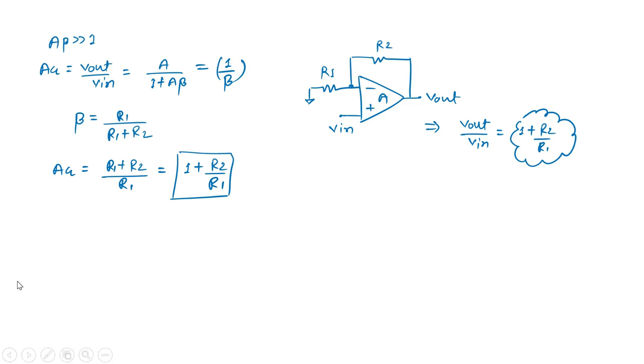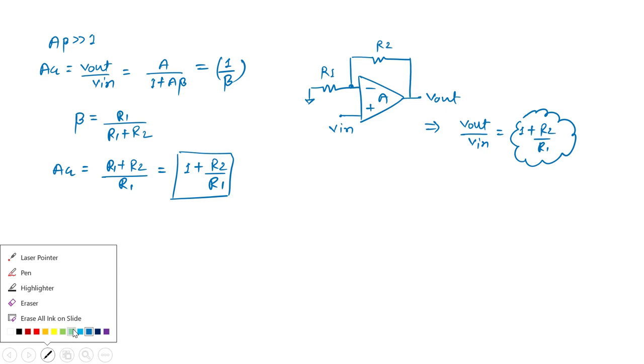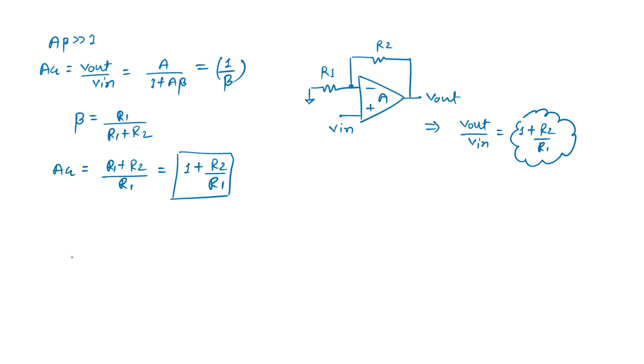The other structure can also be represented, but it is not exactly a negative feedback system; yet you can analyze this structure as well. In this case, this terminal is grounded. R1 was my input.